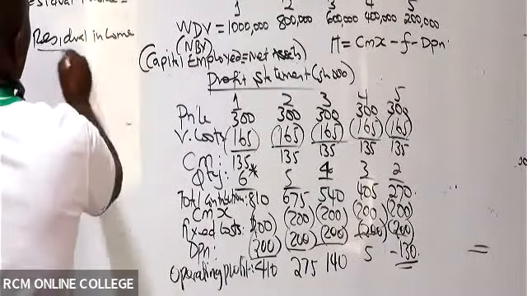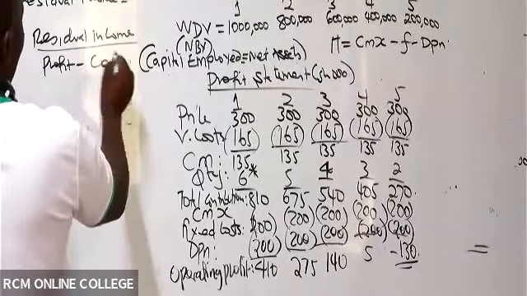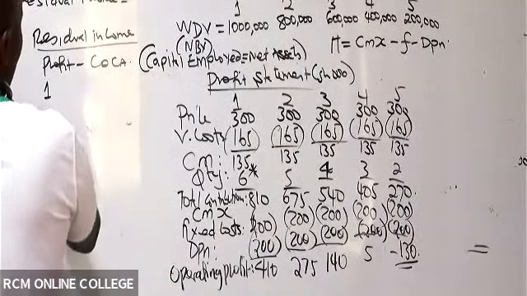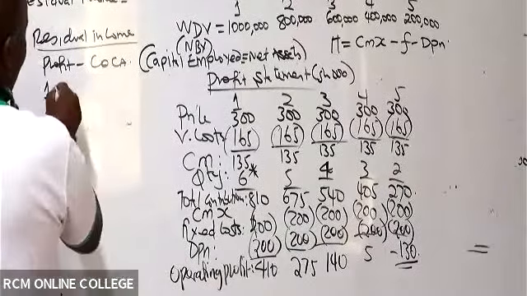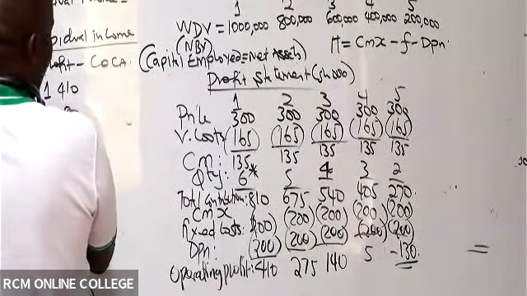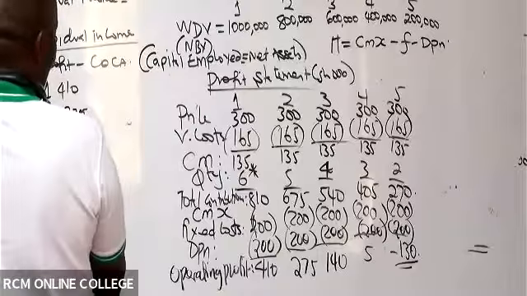The formula for residual income, we know it is profit minus cost of capital employed. So we have year 1, year 2, year 3, year 4, year 5. The profits we already have: 410, 275, 145, minus 130.